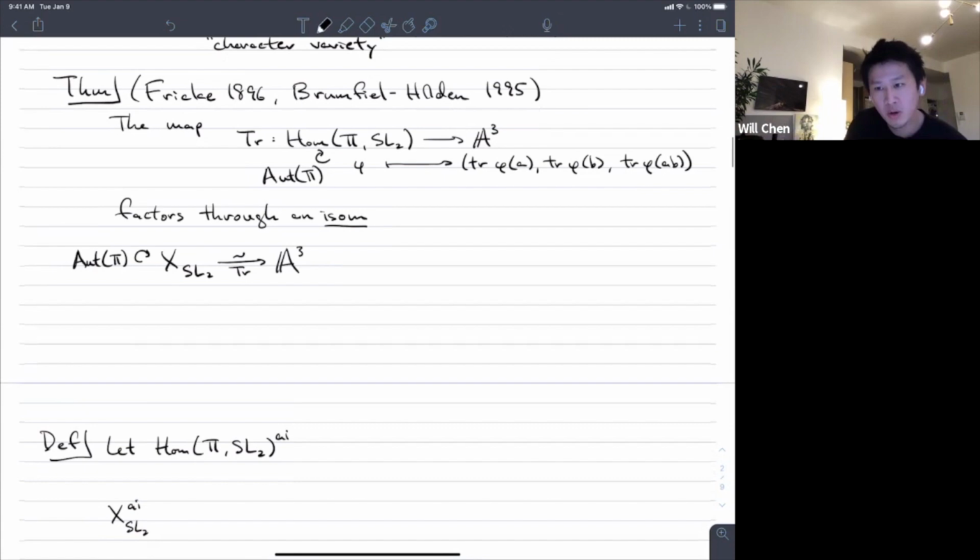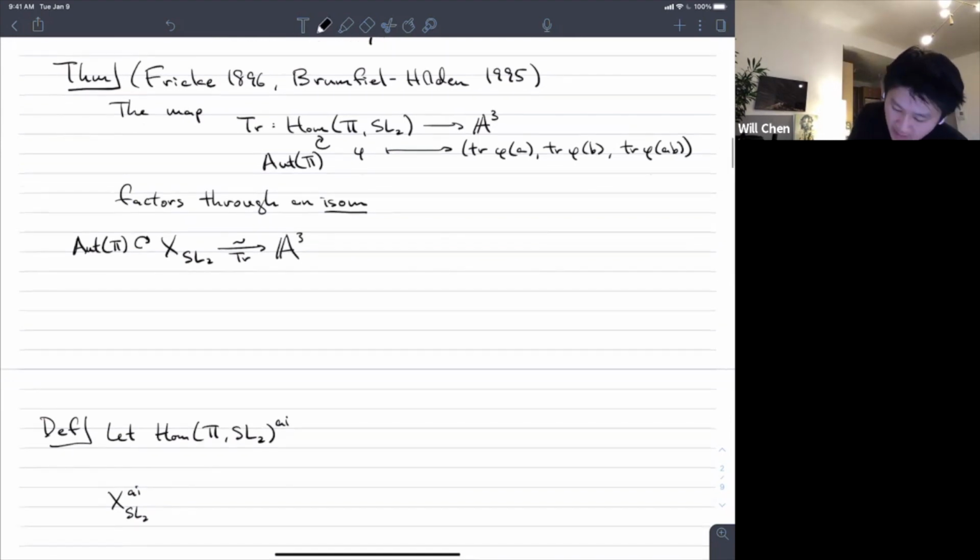We took the quotient by essentially post-composition, and Aut is acting by pre-composition, so these two actions commute. But then in the character variety you've modded out by conjugation, so this factors through an action of Out(pi), which comes from the outer action of Out(pi) on pi.